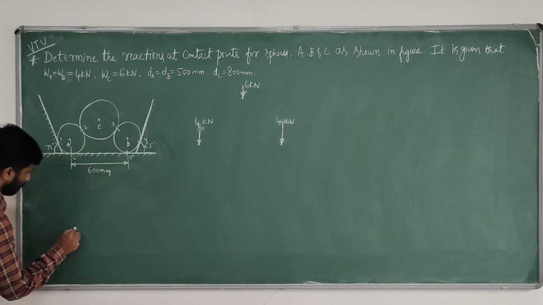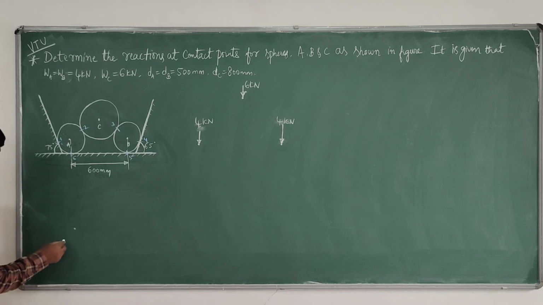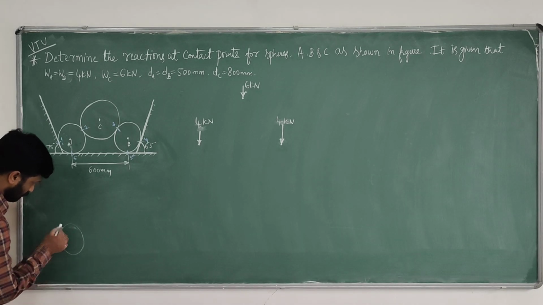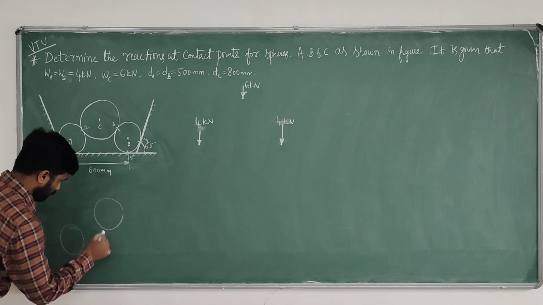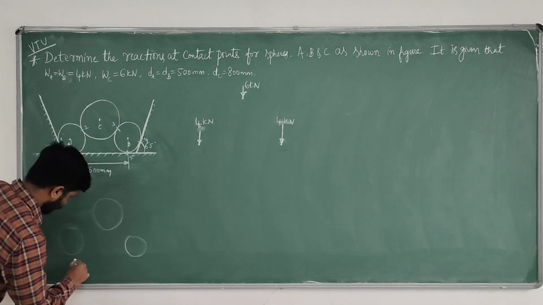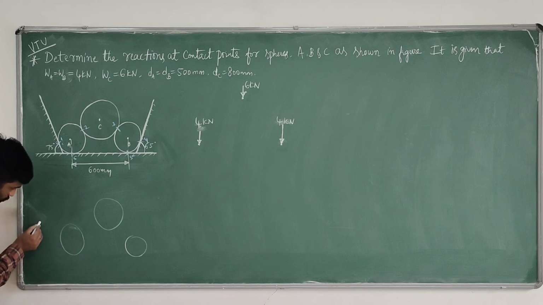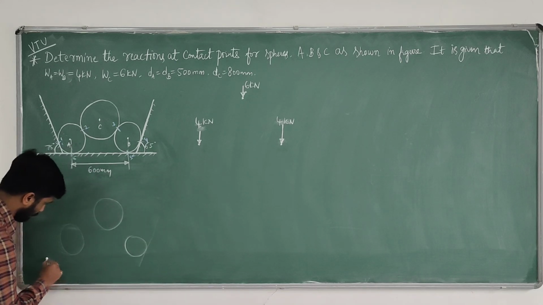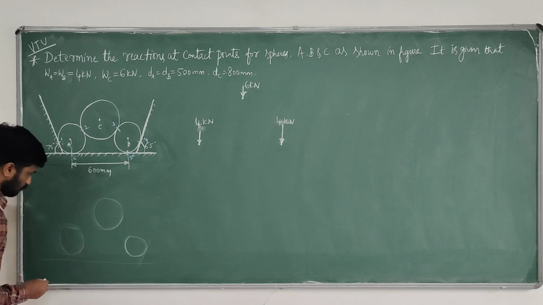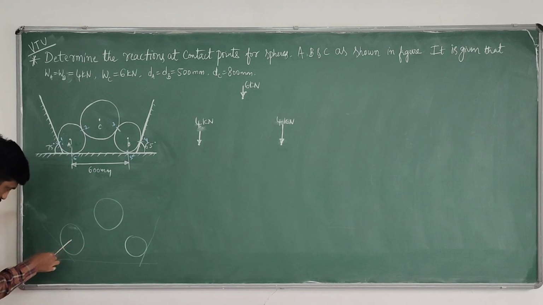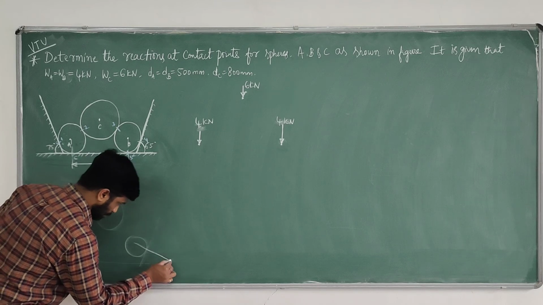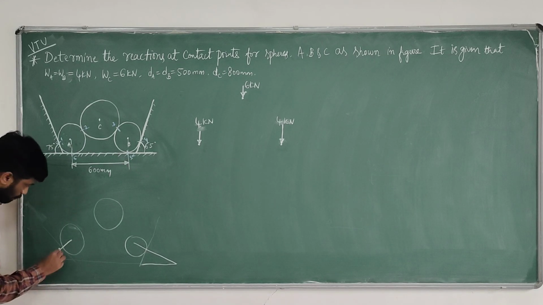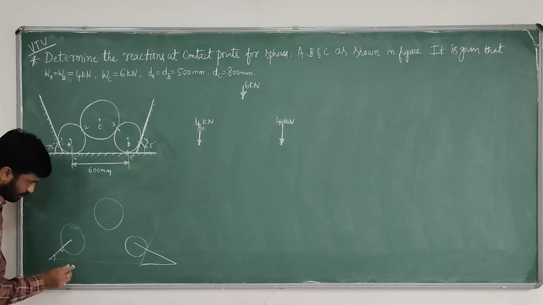So for the first contact, sphere A is here, C is here, and B is here. We have perpendiculars from both ends, that is, inclined. So first, drop a perpendicular. Here also drop a perpendicular. What is the angle here?